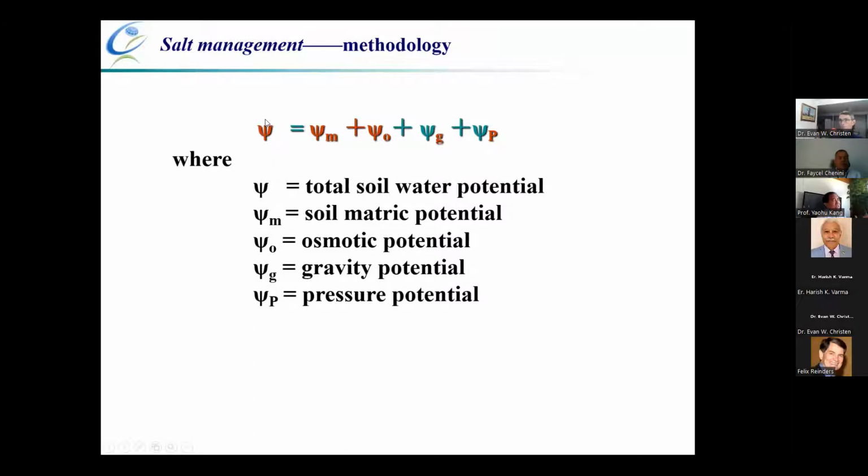As we said, the water flow in the soil depends on the total soil water potential, but the total soil water potential is determined by the soil water content, that is, the soil matric potential.